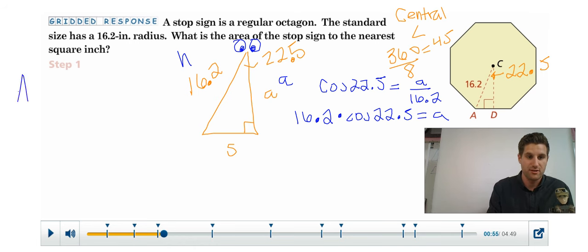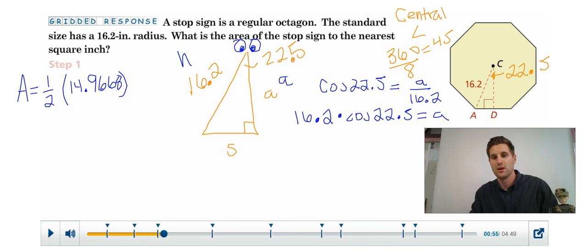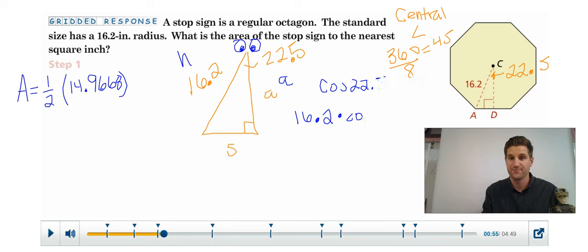So in our area over here, we get 1/2, and we're going to get our apothem as 14.9668. Okay? Alright, so that's pretty good. We'll go ahead and erase this, so make sure you got that down if you didn't.